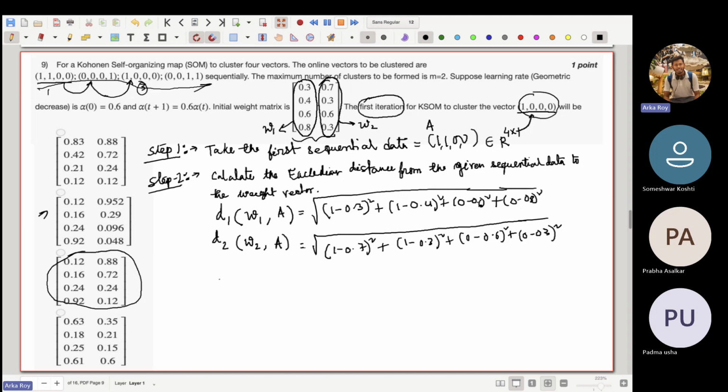And then I have to check the least distance between D1(W1, A) and D2(W2, A).